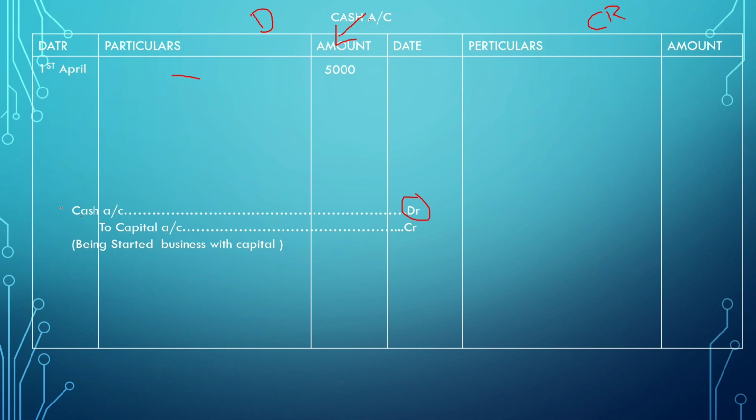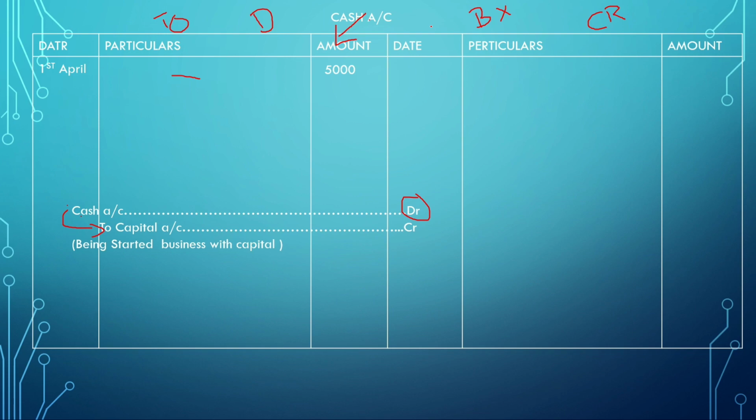So here we'll go with a trick. If you are writing the debit aspect in the particular column, you can blindly write the credit aspect. The credit one will be on the debit side, and it starts with "To". In the credit side we start with "By".